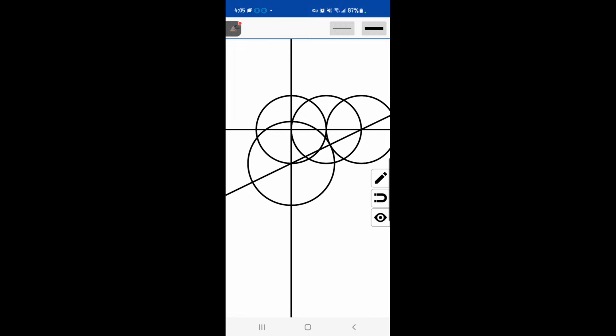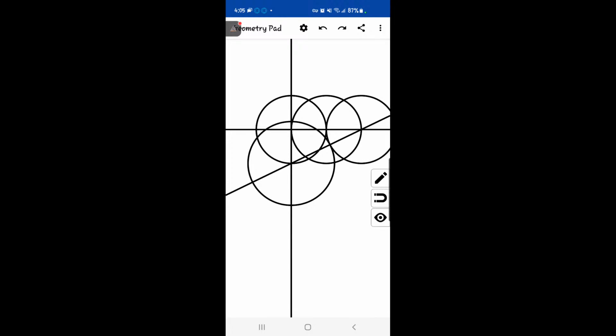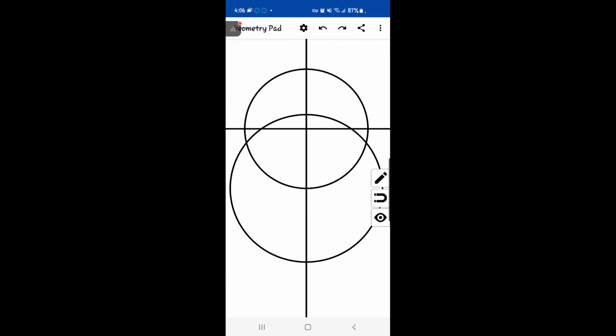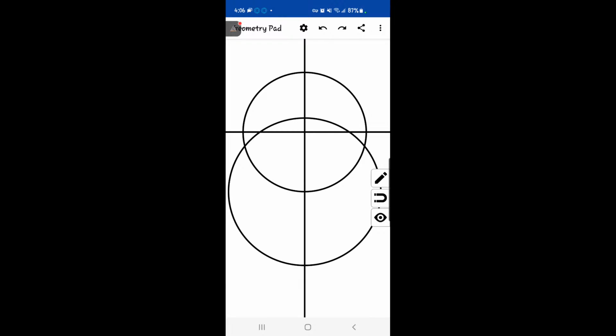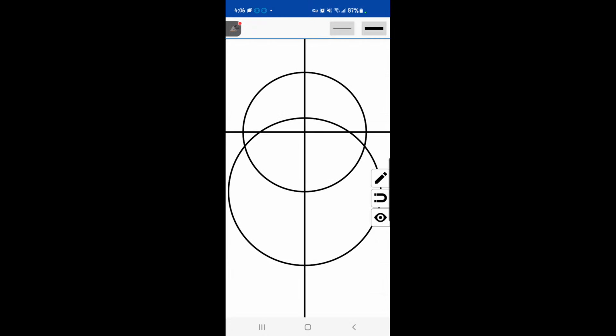You're not losing anything because they're all part of the same. It's like building a flower of life, as a matter of fact. I can take this off, and this off. I don't need that. Now I have what I want, and I am going to do the triangle.